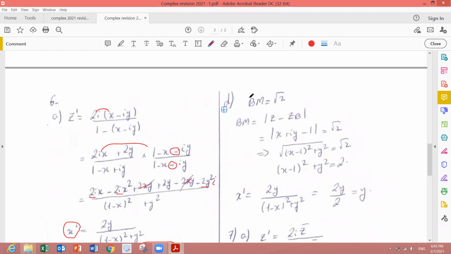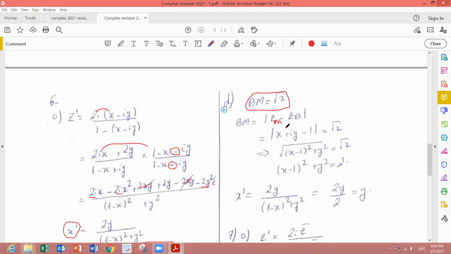Here, BM equals radical 2. BM is the modulus of ZM minus ZB. BM is the distance from B to M. It is the modulus of x plus iy minus 1, equal radical 2. This is ZM, x plus iy, minus ZB, which is 1, equal radical 2.